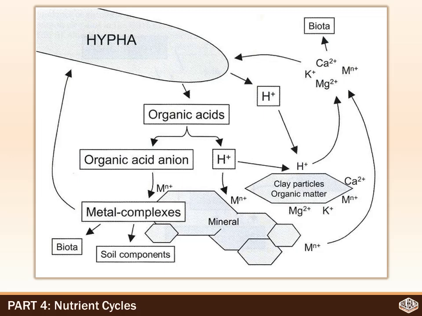This is similar to what can happen to cations hanging on to a clay or organic matter particles, as here on the right, and that can be exchanged for hydrogen, thus making them available to the plant or other organisms, indicated here as biota at the top of the picture. Thus, chelates, mineral complexes, exchange sites on minerals and organic matter can all be reservoirs of plant essential nutrients that are released in exchange for chemicals exuded by plants and microorganisms.